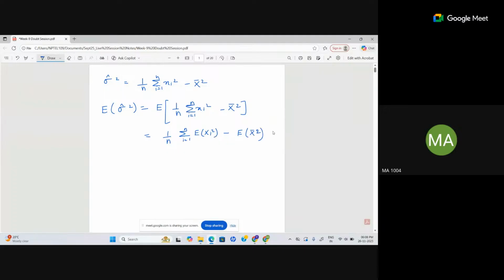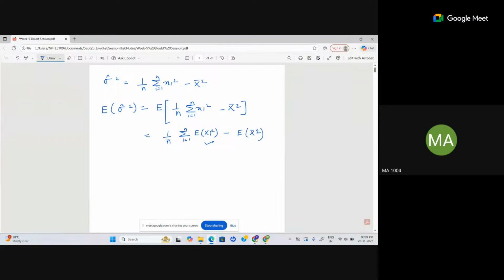Is this line okay for you? Yes, ma'am. So now we need to calculate two things here: expectation of xi square, and then expectation of x bar square.